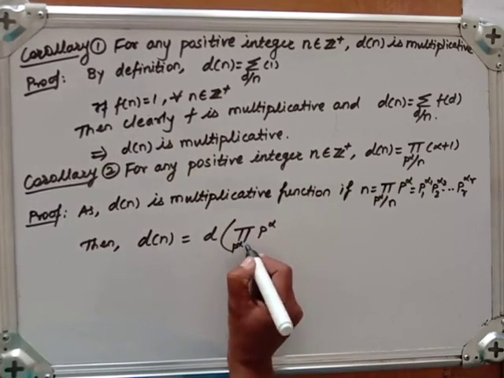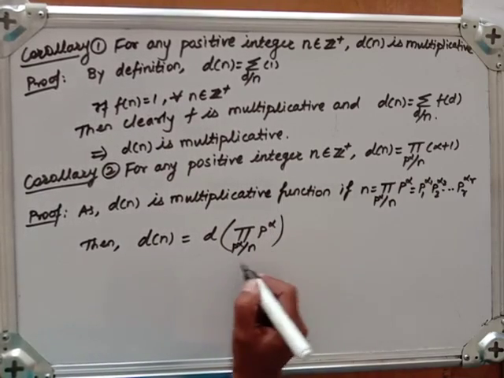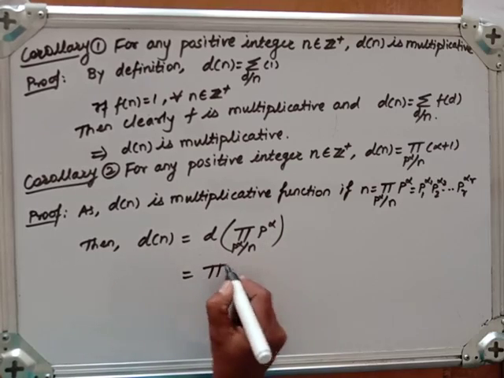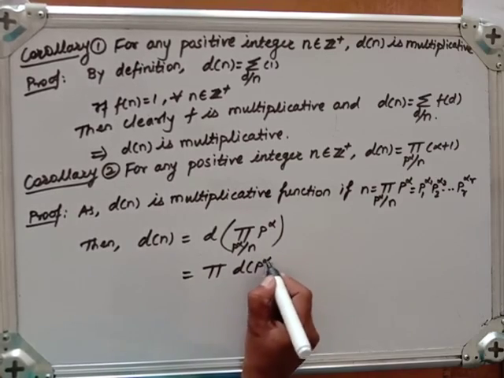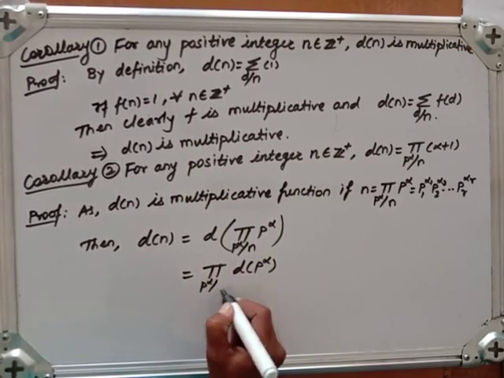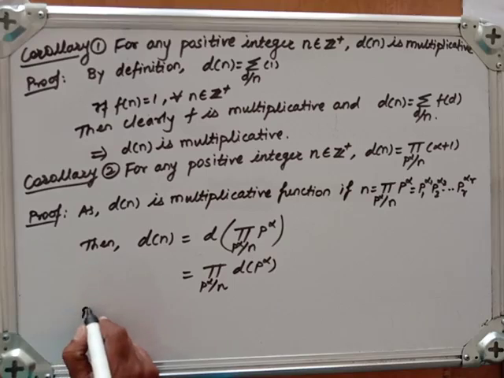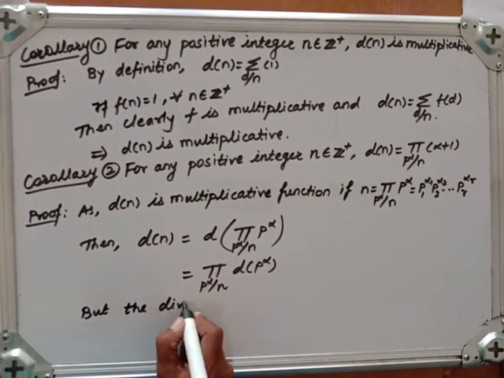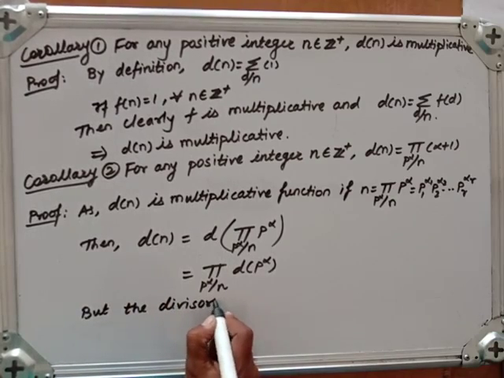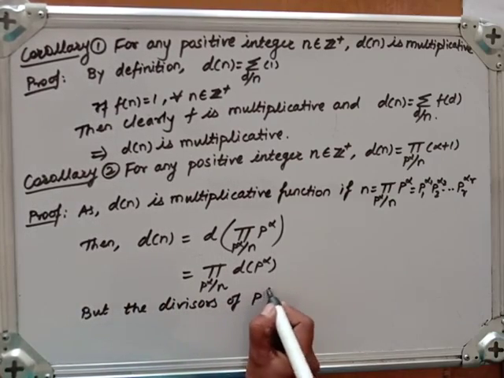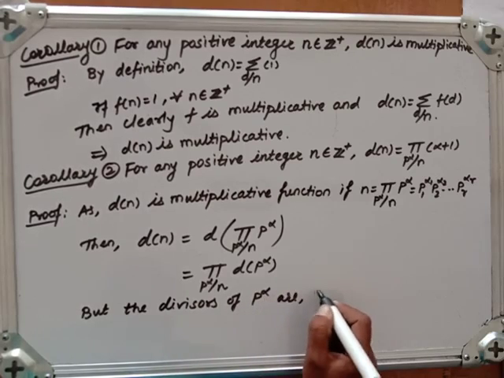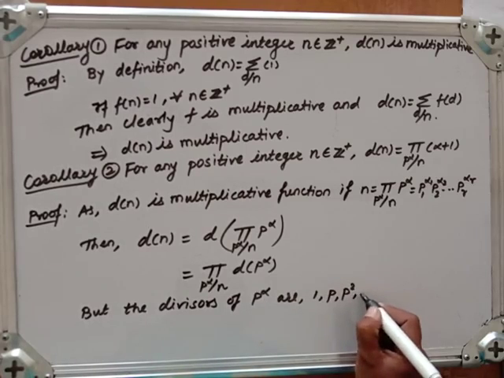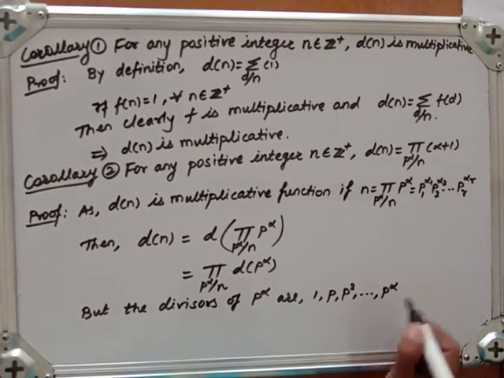But the divisors of p raised to alpha are 1, p, p square and so on up to p raised to alpha.